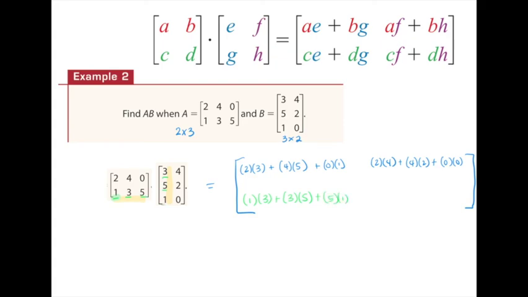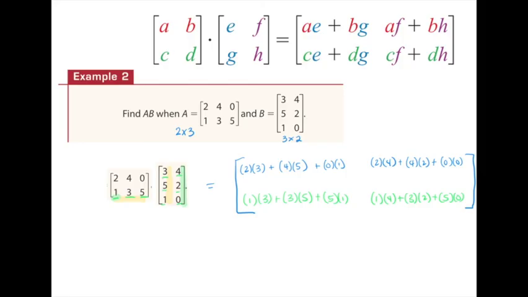Now I'm going to do the same thing and go to the second column here. And I'm going to say 1 times 4 plus 3 times 2 plus 5 times 0. All right. So that's the setup.